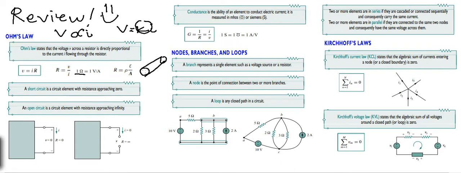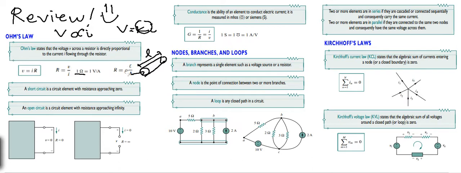Here we have the cross-sectional area and also the length of that certain material. We also have the resistivity constant for aluminum, gold, silver, and so on and so forth. Any type of material has a resistivity constant.